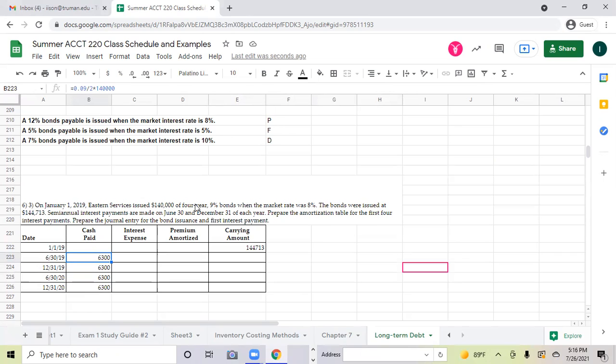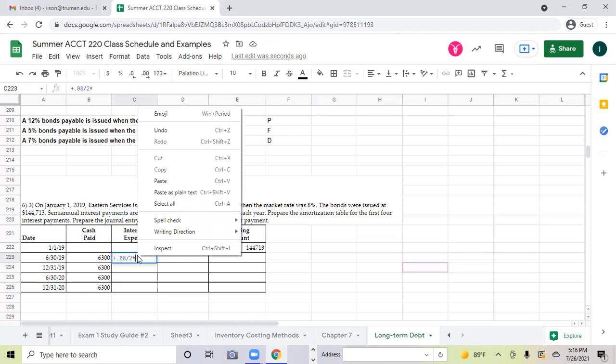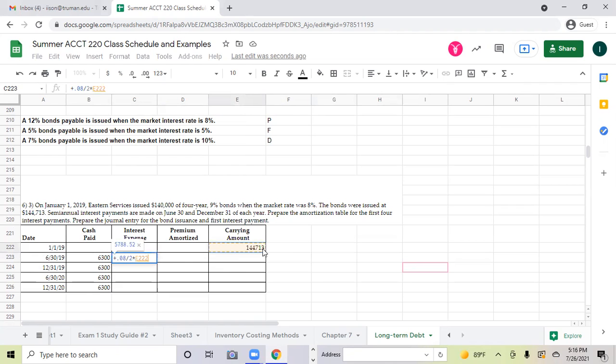For the interest expense, it's actually based off of the market rate. So that's 0.08 divided by 2, since the market rate is 8%, and then multiply that by the carrying amount. You're going to see that it fluctuates a little bit every 6 months.